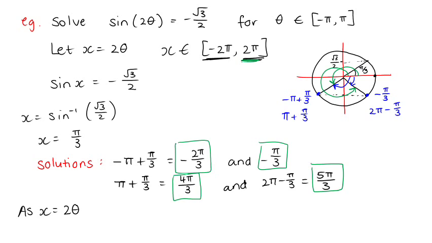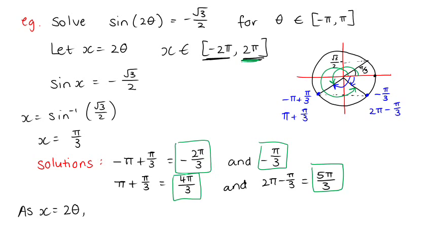With the two values that we got at the very start, without timesing the domain by 2, essentially you have to go double the distance around the circle in both positive and negative directions.